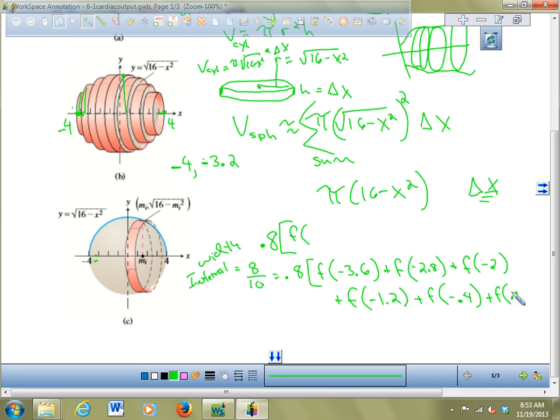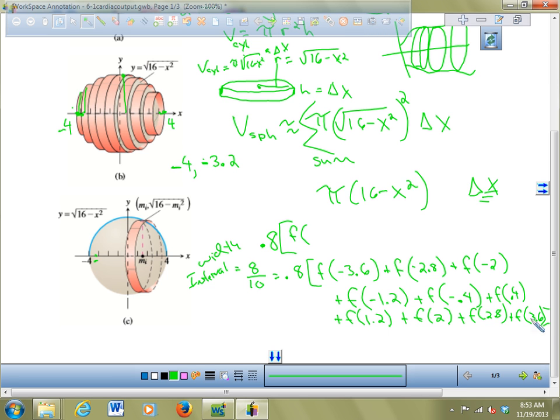Positive 0.4. Okay? And so the hardest part is figuring out what numbers to plug in there. And then plus f of 1.2, plus f of 2, plus f of 2.8, plus f of 3.6, which makes sense because then you're 0.4 away from the end, the midpoint between 4 and 3.2.